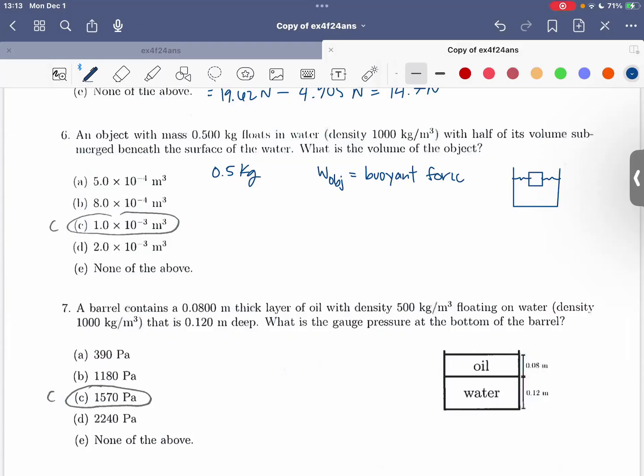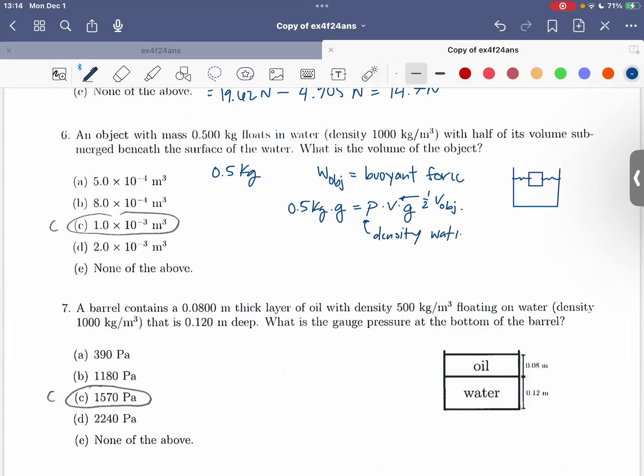So the weight of the object is obviously mass times gravity. So 0.5 kg times gravity is equal to the buoyant force, which is density times volume times gravity. But the volume in this generic equation, we can actually say is 1/2 volume of the object, and this density is going to be the density of water.